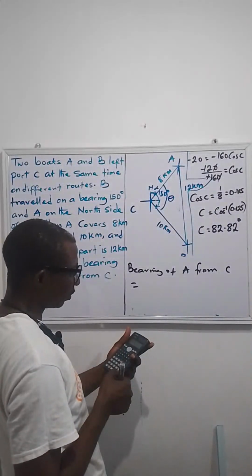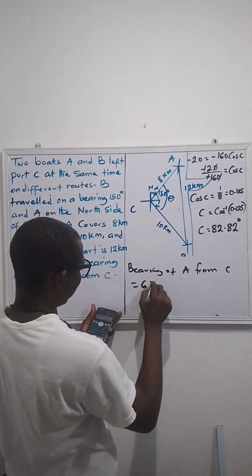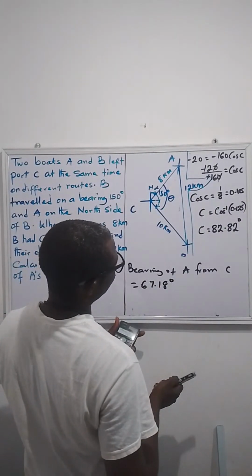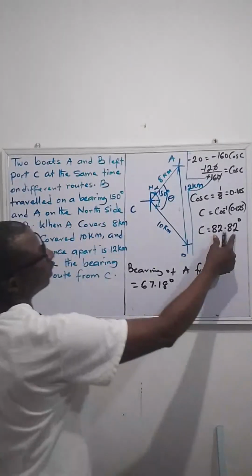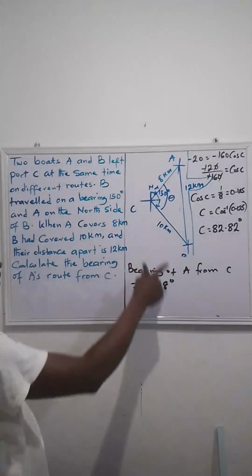So what do you have? You have 67.18 degrees. When you take this away from 150, this is what you have, and that is going to be the bearing.